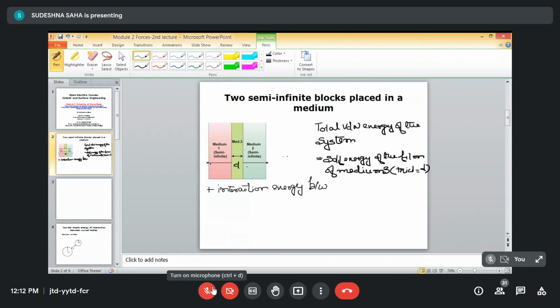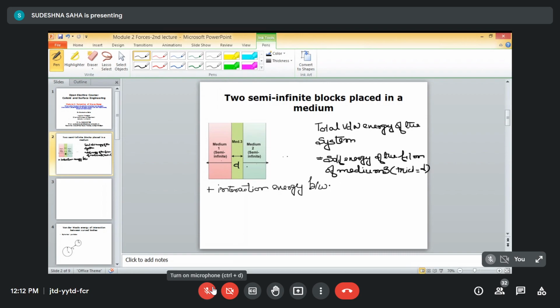We will start with these two semi-infinite blocks which are separated by a space d apart. So the self energy of this medium, then the interaction energy of these two semi-infinite blocks, then the interaction energy between the film and the semi-infinite block, with one and then obviously with the other. This total will give you the total van der Waals energy of the system.